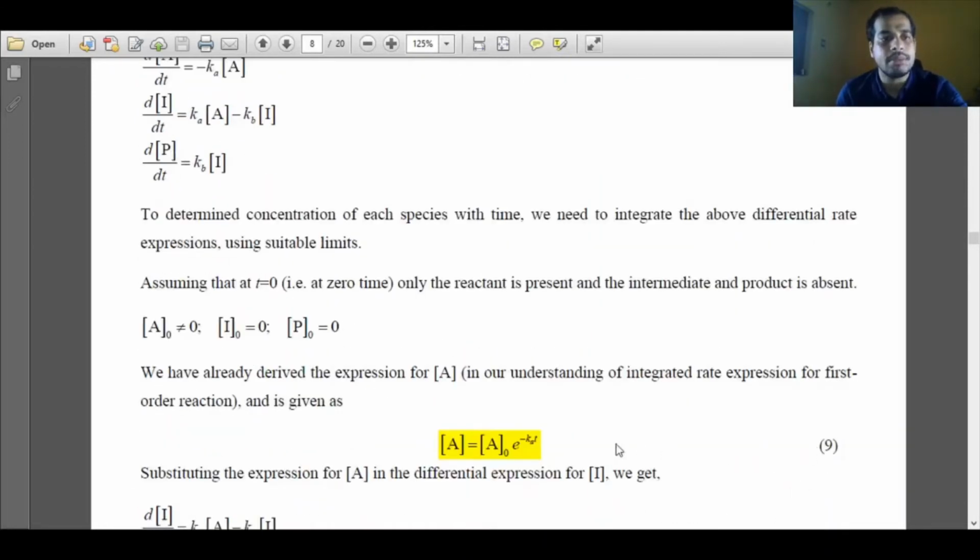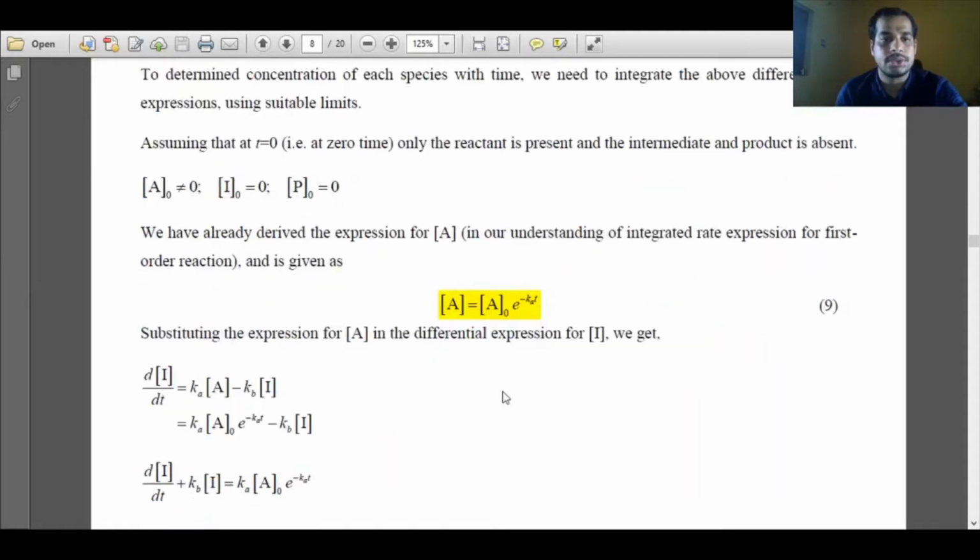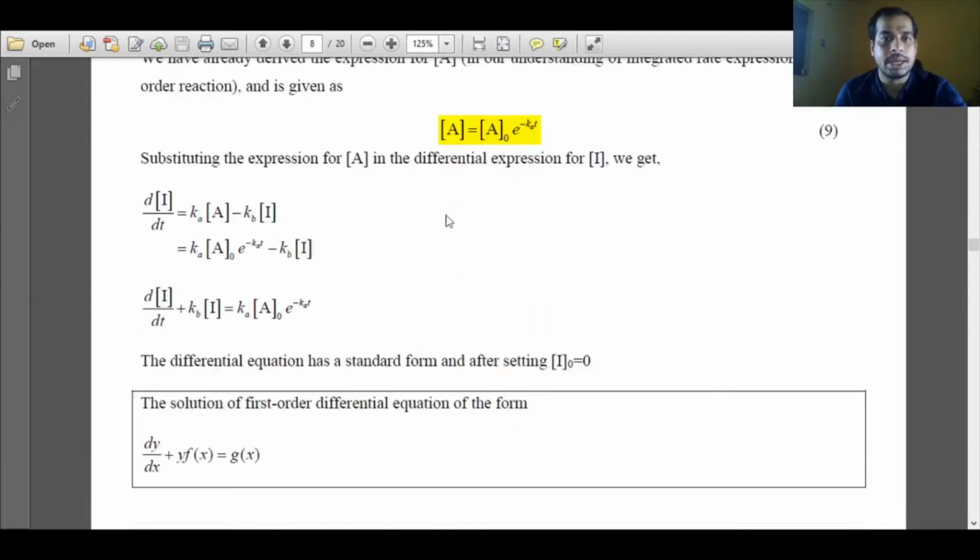This is the same as the first order rate expression we have already done: A is equal to A0, the initial concentration of A, e to the power minus Ka t. Ka is the rate constant for decay of A. This integration we already know from our first order reaction kinetics. So we have obtained an expression for reactant A at any time t.